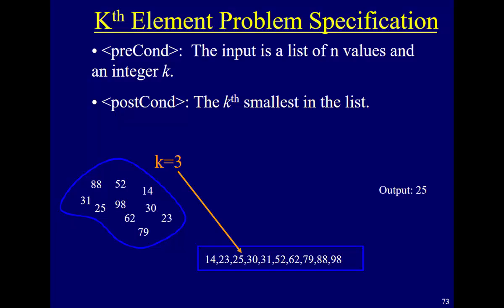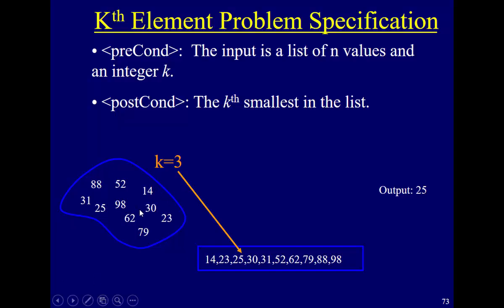Let's do it. Suppose the input is a list and a K. What you want to do is imagine you sort the list and you return the kth largest value. So here K is 3, so you return 25. Do you understand what the problem is? No? Okay.